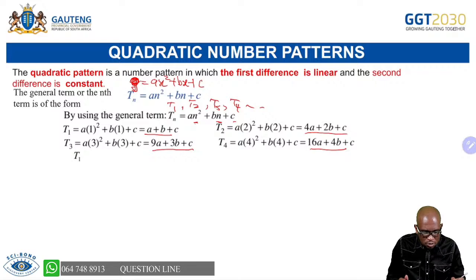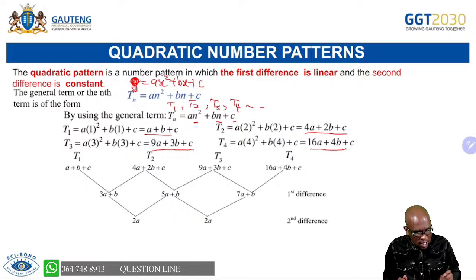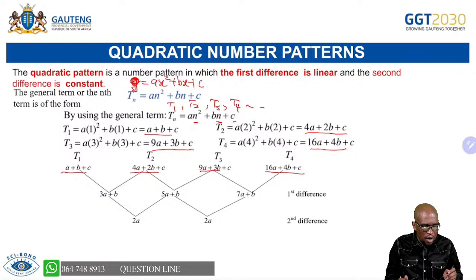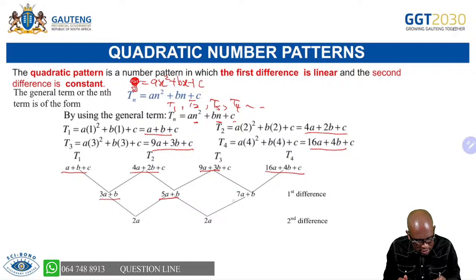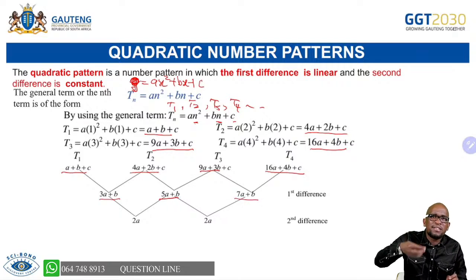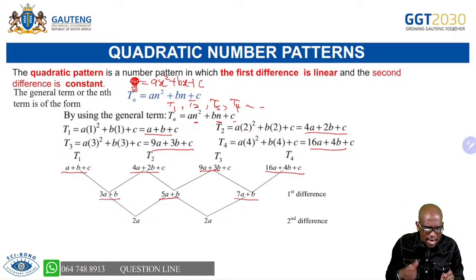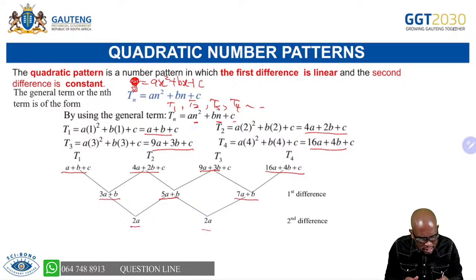Now, if you write that in a pattern form, this is what you have. You have T1, T2, T3, T4. If you work out the first difference, you can see that this is 3a plus b, 5a plus b, 7a plus b. So you can see all the terms are increasing by what? By 2a. So 2a becomes the second difference.